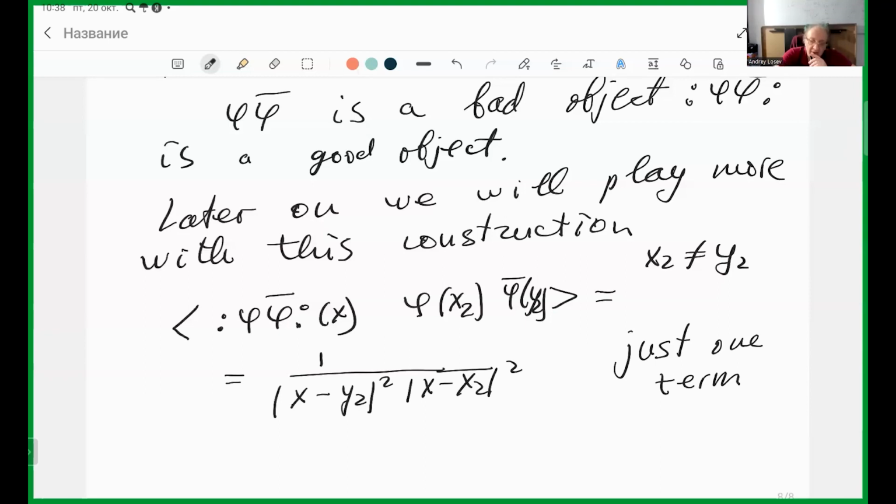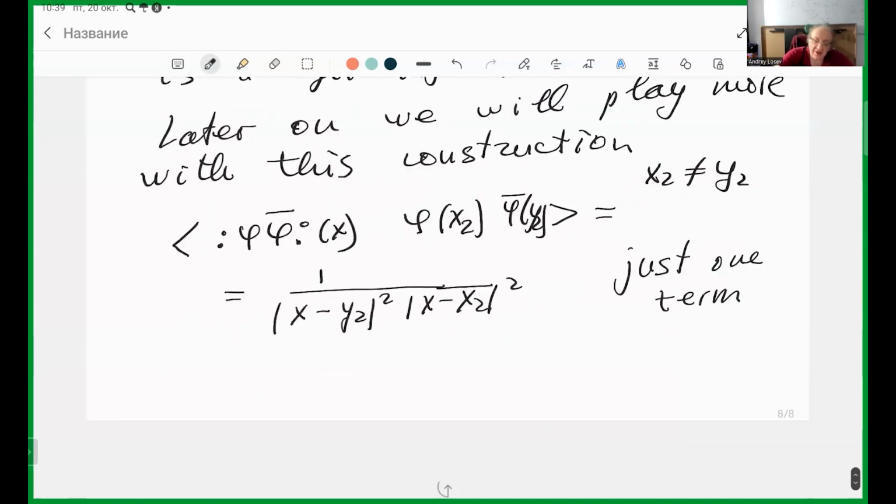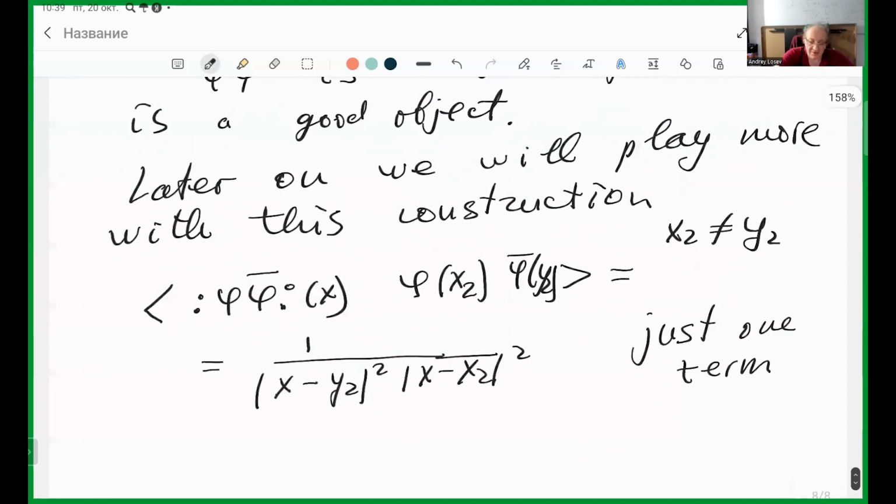No. You see, here I am writing it without proving it. I gave you a procedure. If you do this subtraction, that's what I think you would get. Maybe I'm wrong. Let me redo it together with you.